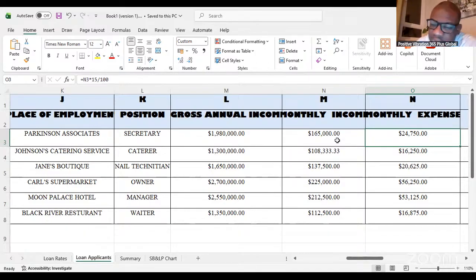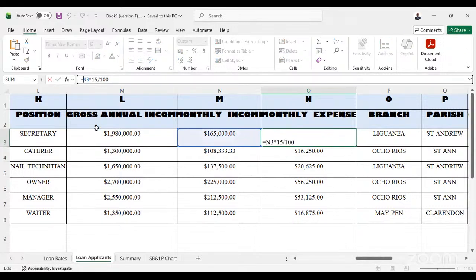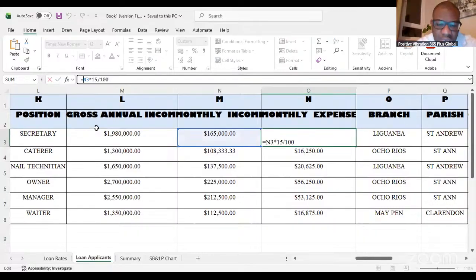Here's a problem with this formula. You need a function for that, because you have to use an IF function for this. Are you with me? Yes, sir. All right, so this needs to be an IF function.